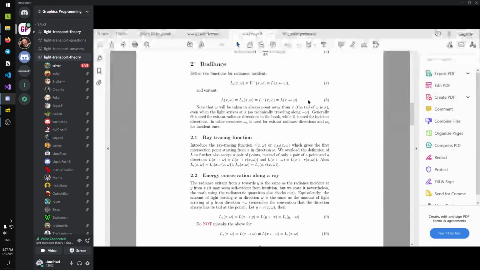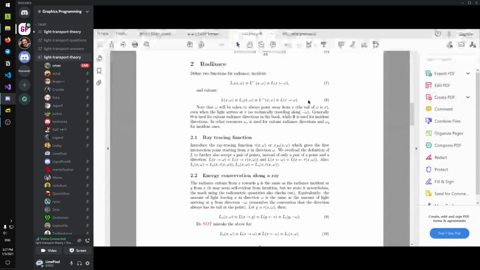So something which may not be made clear in the book is that, with the directions, you should always think of a direction vector as having the tail of that vector on x. So even if the light is incident, this omega or theta or psi would point away from x. That's just the convention they use, and they use it because it makes some mathematical properties nicer, for making some operator symmetric.